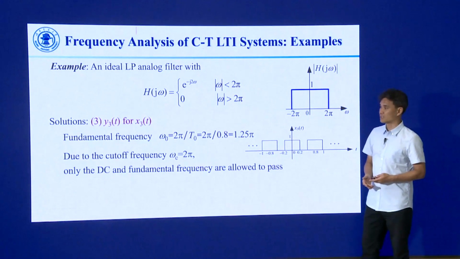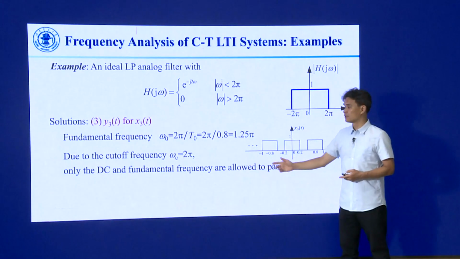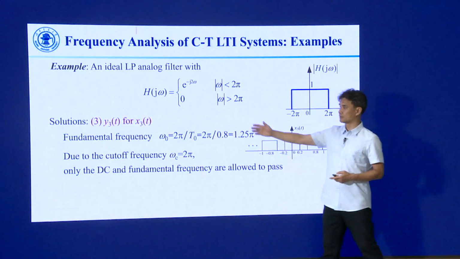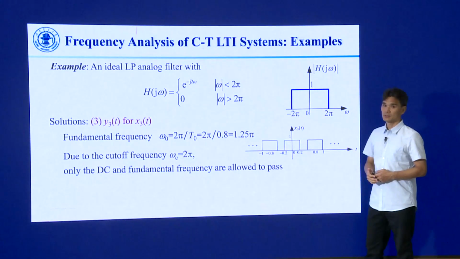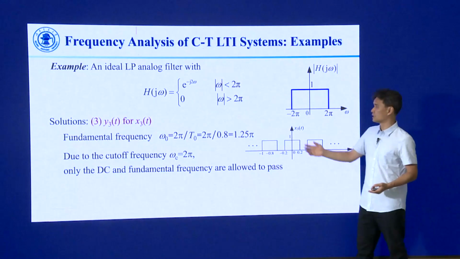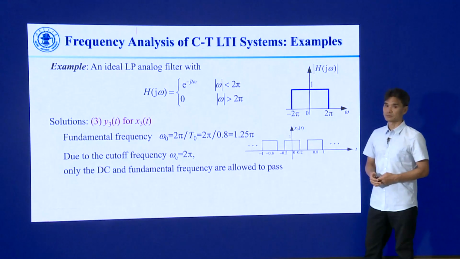So we understand that only the DC component and the fundamental frequency of the input can go through the system. All other components will be eliminated because they are outside the rectangle.